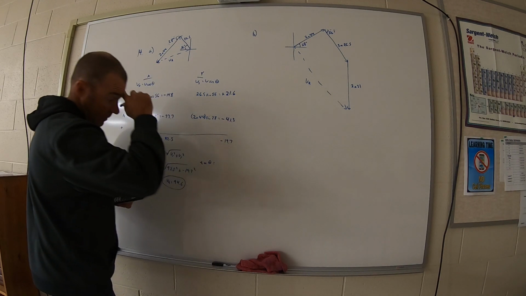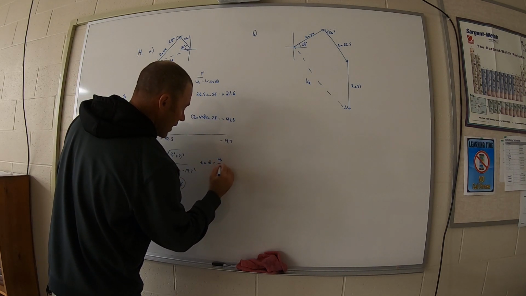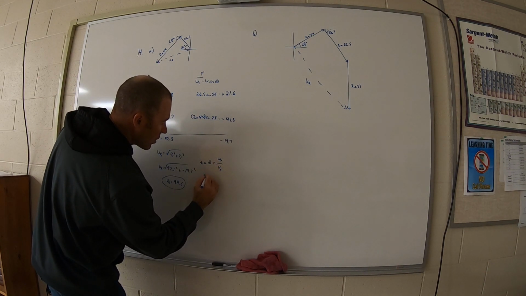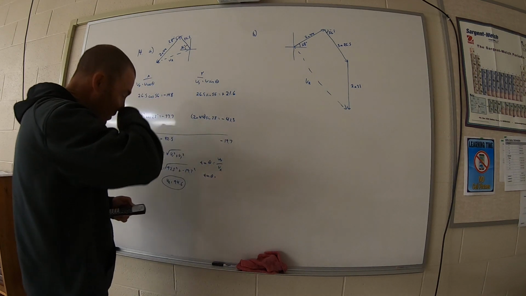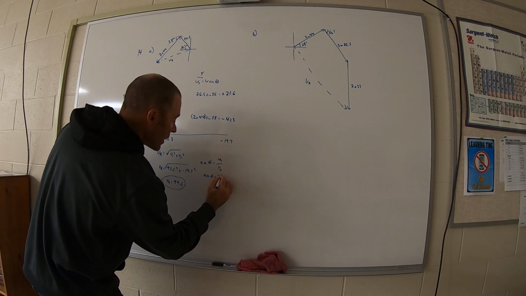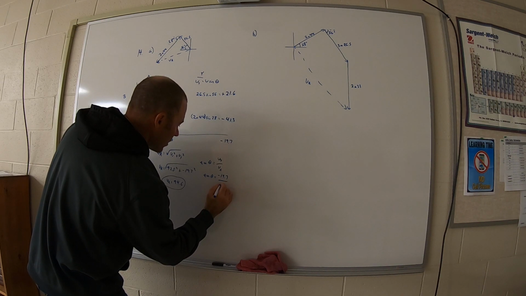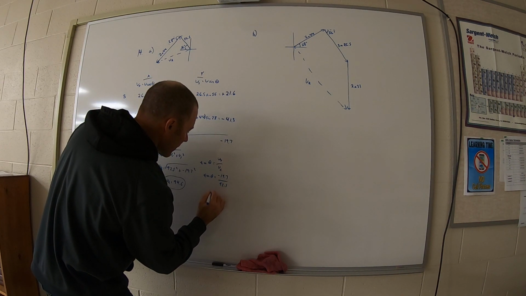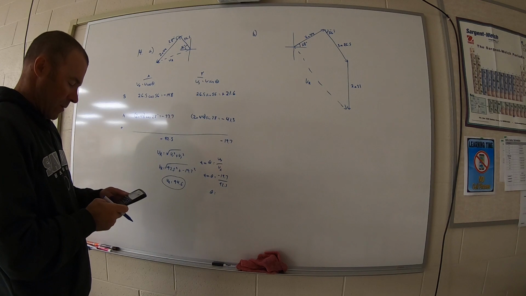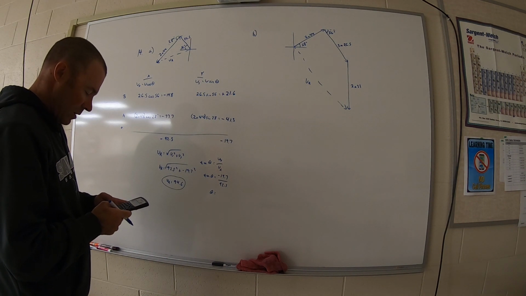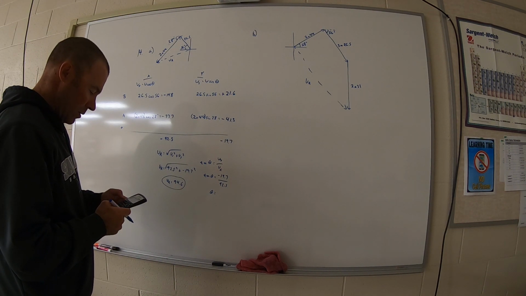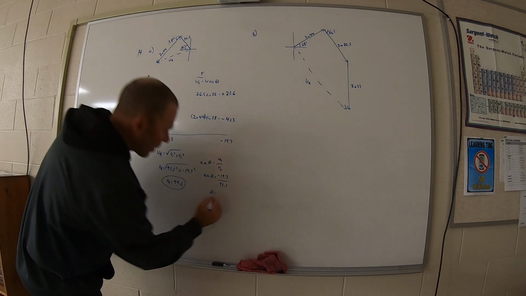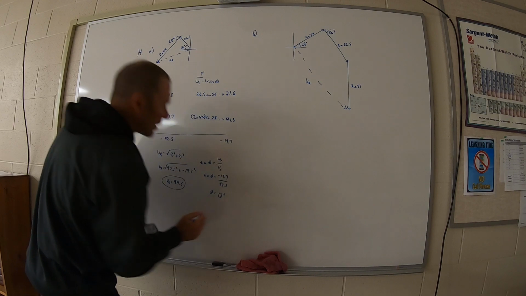Tangent of theta is equal to Vy over Vx, or tangent of theta is equal to negative 19.7 over 92.5. If we solve for theta, that's 12 degrees.